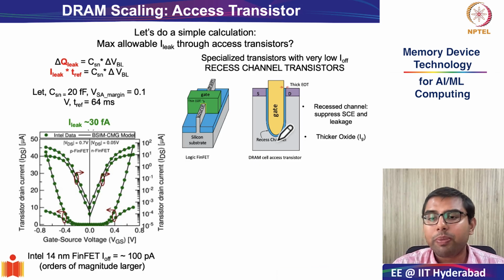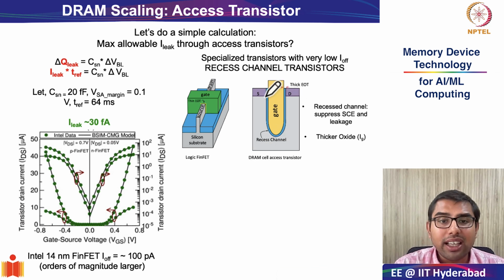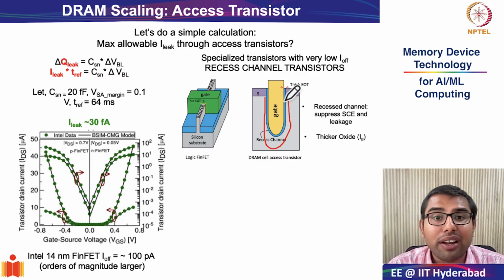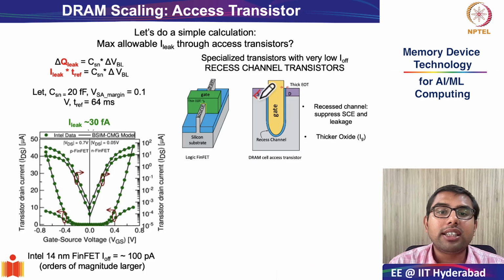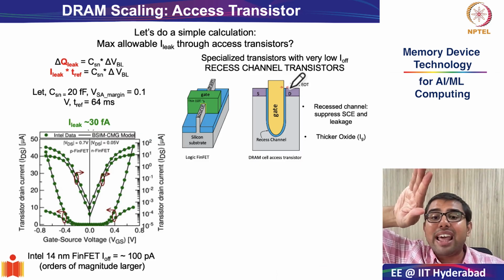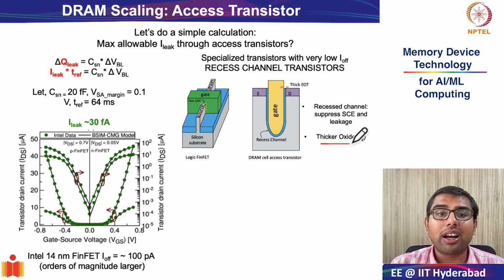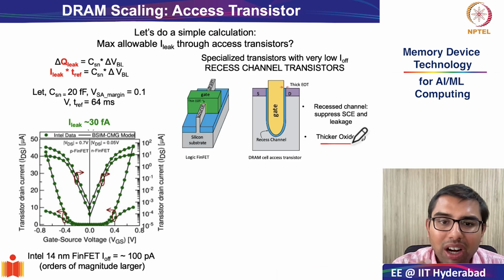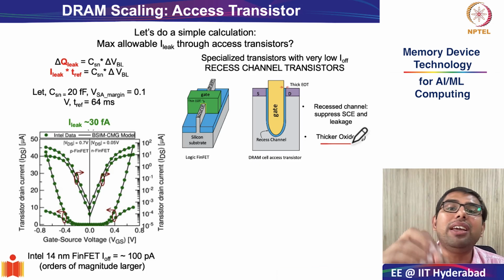If you think intuitively, this is a very good technique to increase the effective channel length, because the current has to go all around. You are increasing the effective channel length without changing the distance between source and drain. So you maintain scalability while increasing the effective channel length, and by using a thicker gate oxide, you can ensure that the leakage current is very, very low.